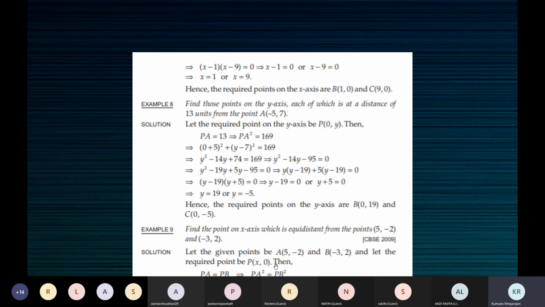We have these two points given to us, A and B. Now the condition given is PA is equal to PB. So PA square is equal to PB square. Work it, children. Work and tell me the answer.